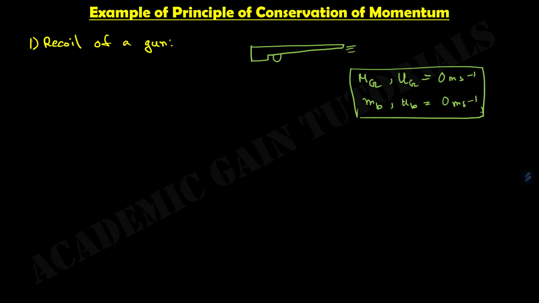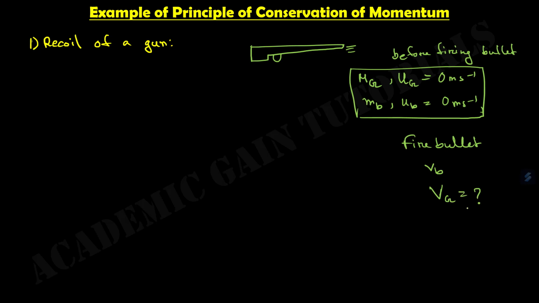When we fire a bullet at the velocity of v of b, suppose we have to find out the final velocity of the gun, that is capital V of g.